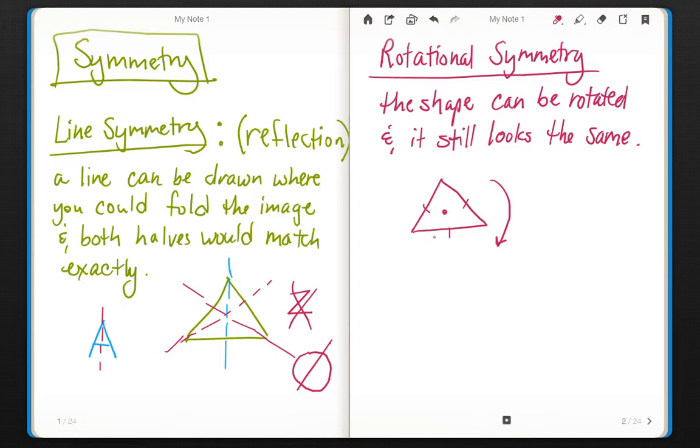So that would be an example of one that has rotational symmetry. What about the letter X? If I rotate it, will it get back to where it started before you go all the way back around? Yes, it will. So that just gives you an idea of what you're looking for. Some of them, like this triangle, had both line symmetry and rotational symmetry. So some of them have both.